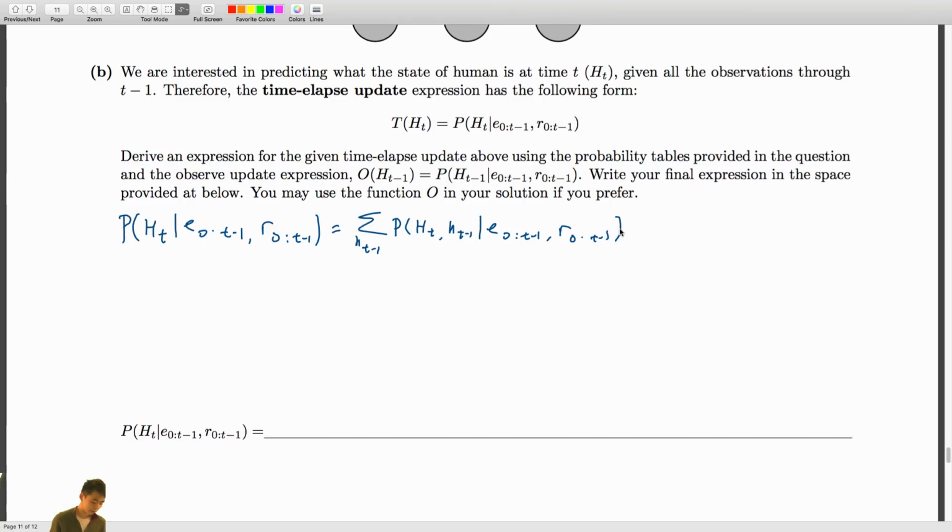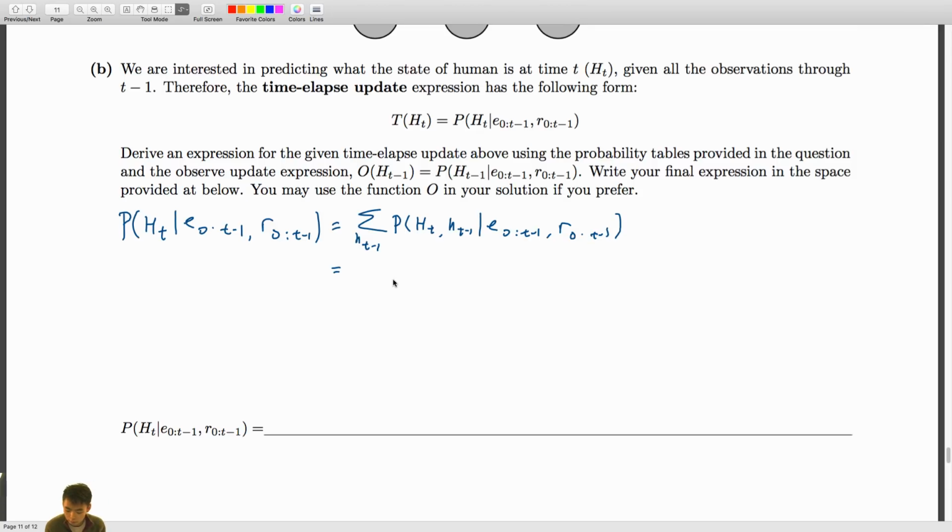Okay, and then we can just simply use our conditional independence assumptions. First we can use the term that they give to us, and this is the probability of that past action conditioned on all the past information that we know.